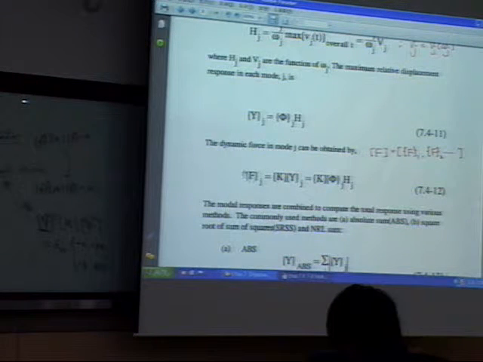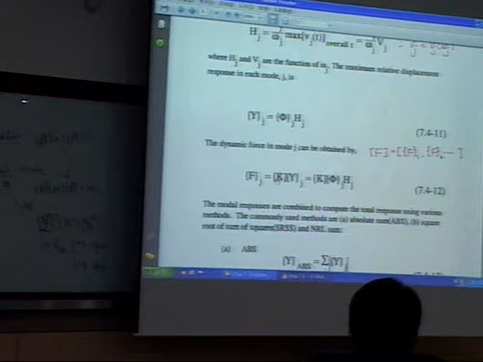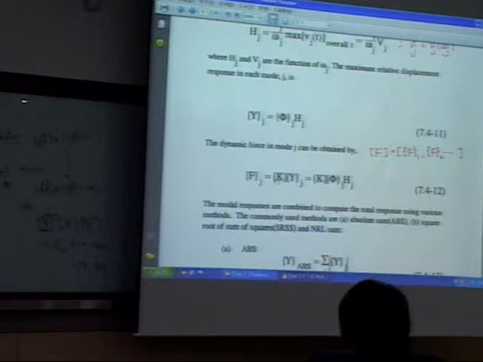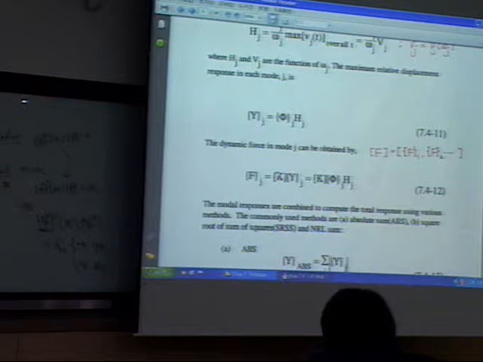So then Fj, this Fj is k times y is equal to m x double dot. You remember the equation of motion for a single degree of freedom system? M x double dot is equal to k y. So this is exactly that.